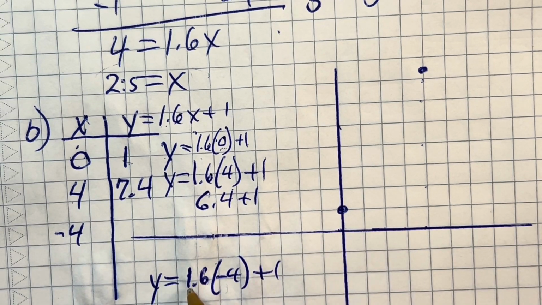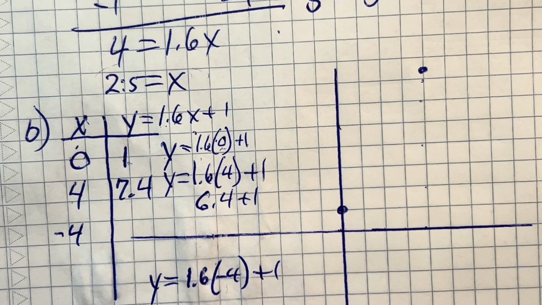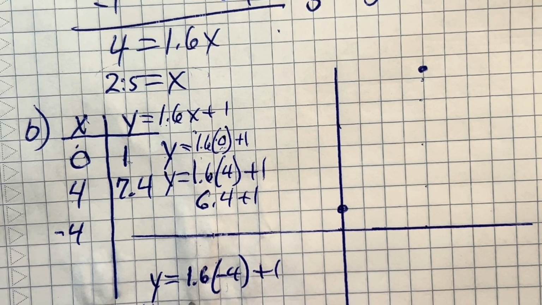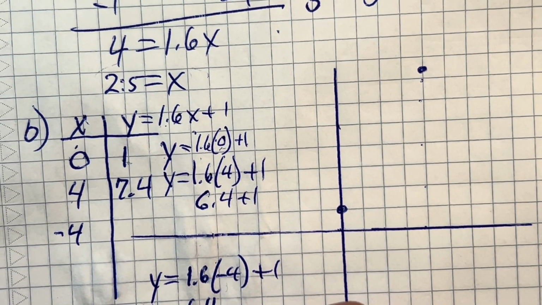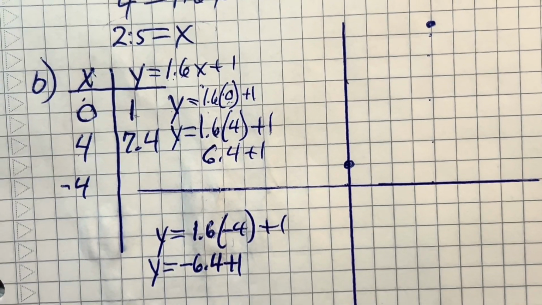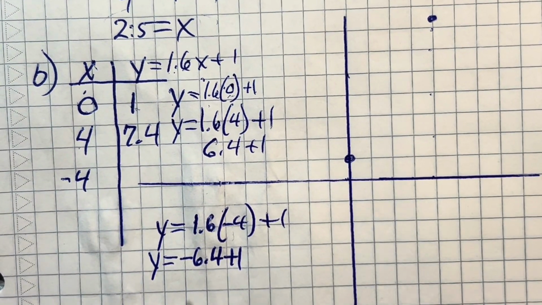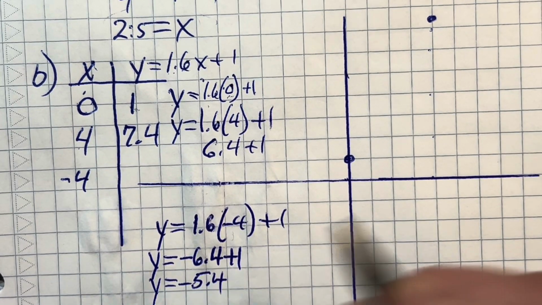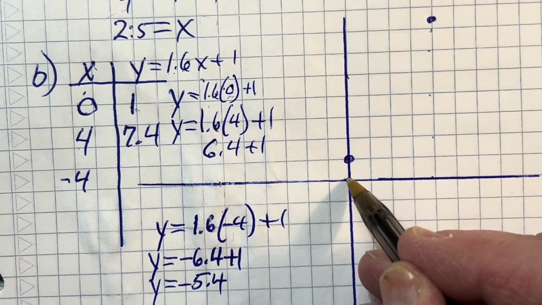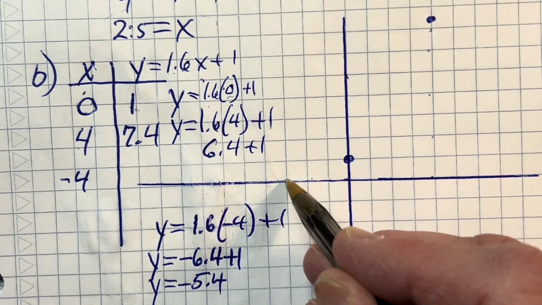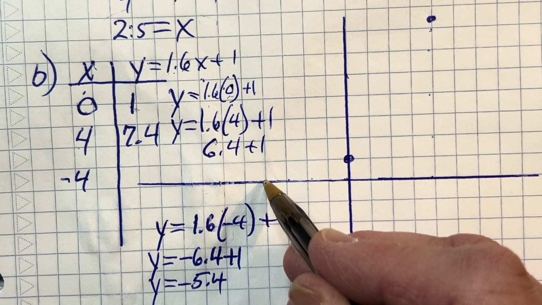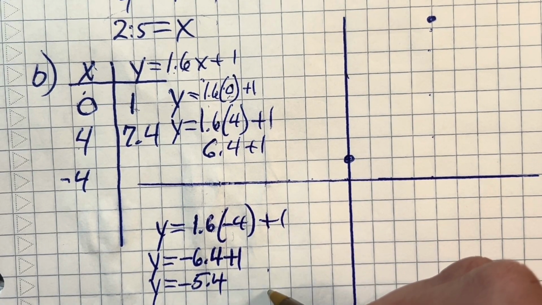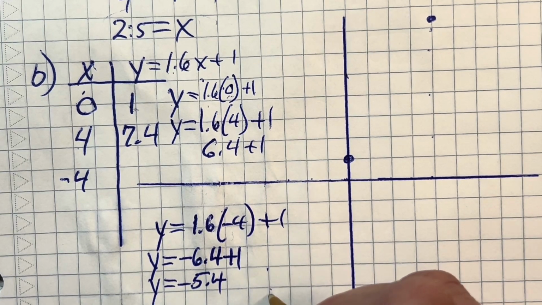Well, we know already that 1.6 times 4 is 6.4, so y equals negative 6.4 plus 1, and that will be negative 5.4. So I go negative 4, 1, 2, 3, 4, and down to negative 5.4, right there.